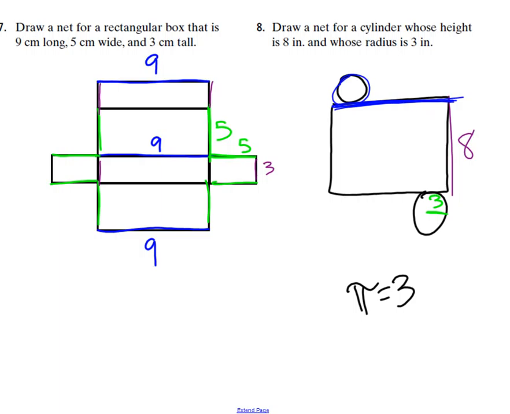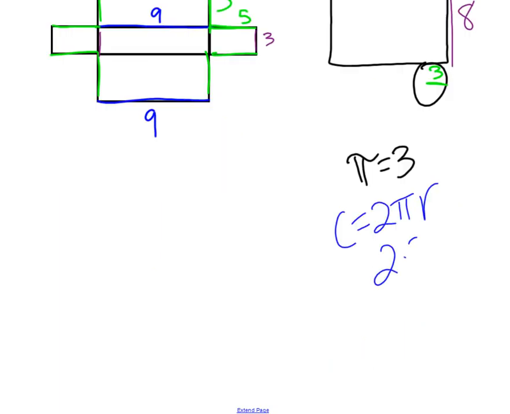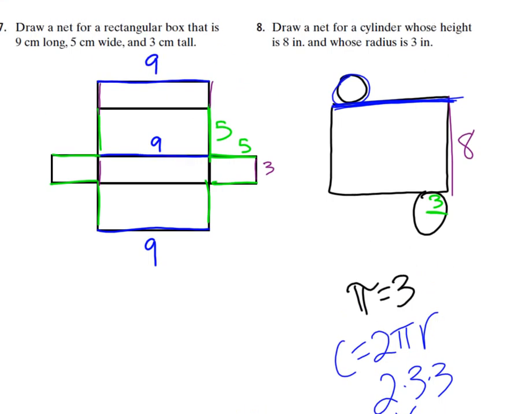That's the circumference, which is 2 pi r. So 2 times 3 times 3 is indeed 18. So anytime you have a cylinder, one of the sides on that rectangle will always be the circumference of the circle.